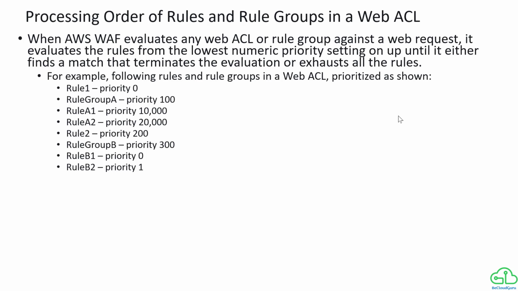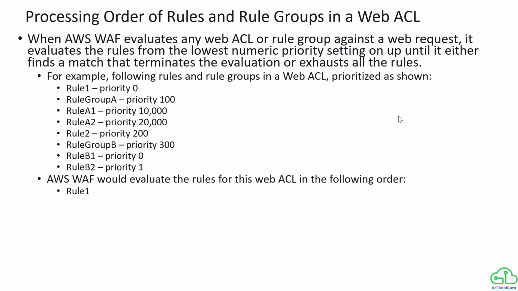Let's see how the evaluation of the rules will happen based on the priority. So WAF would evaluate the rules for this Web ACL in the following order. First of all, rule 1, which has priority 0, will be evaluated. If a match is found, there will be no further evaluation. If no match is found, the next rule evaluated would belong to rule group A, and rules A1 and A2 would be evaluated.